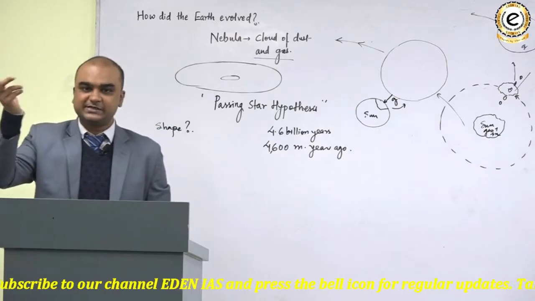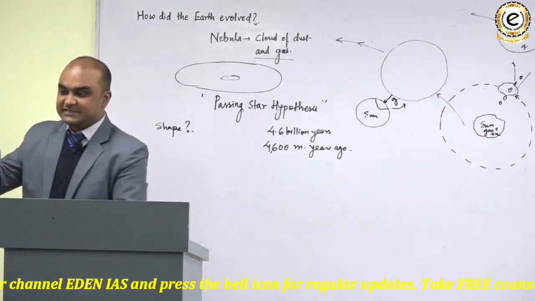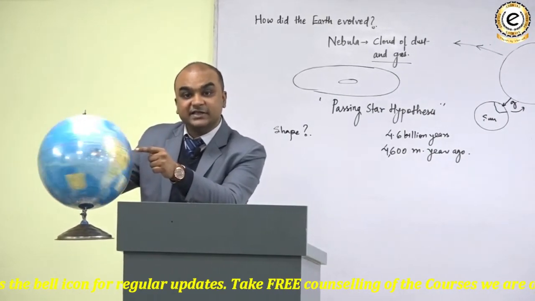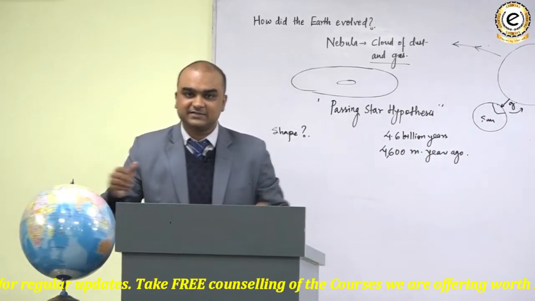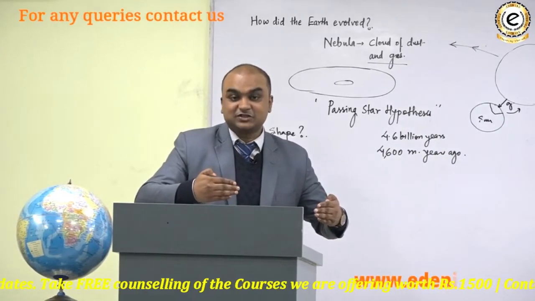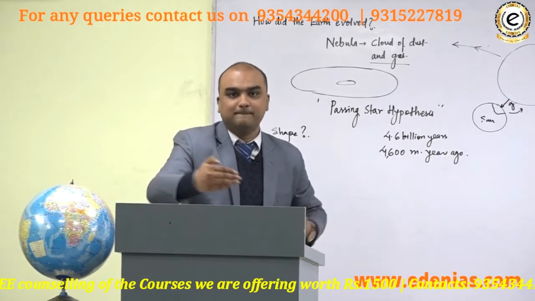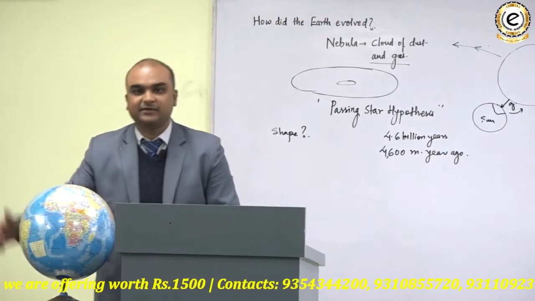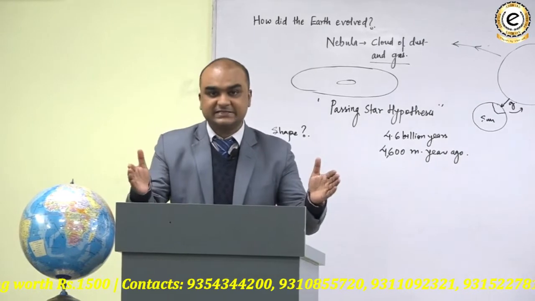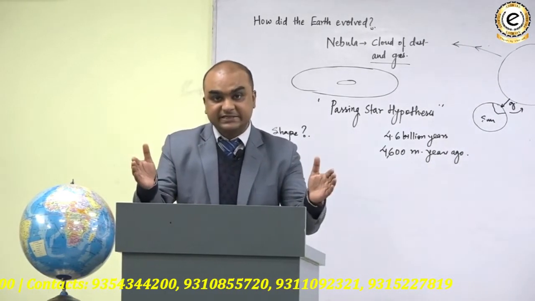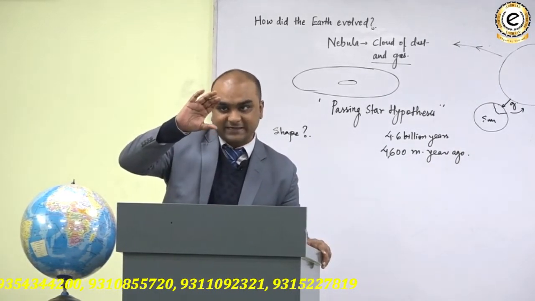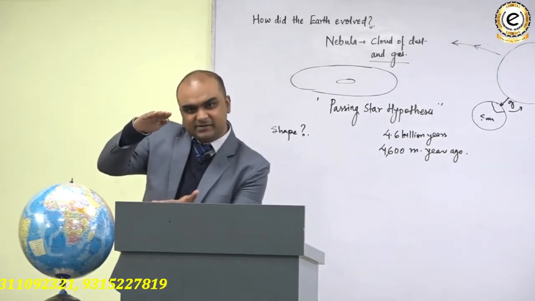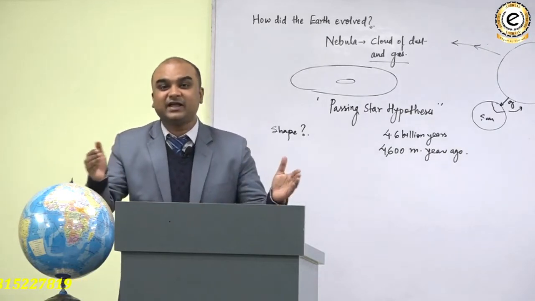Because the earth is rotating on its axis, there is a centrifugal force experienced at the earth's equator. And because of this, the equator experiences an outward bulge, or the earth bulges at the equator. And if the earth bulges at the equator, such bulging is compensated by the flattening of the poles. In other words, the earth is slightly flattened at the poles and slightly bulging at the equator.